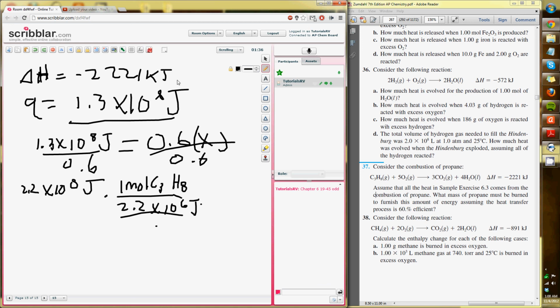So from this, you can obtain the grams of propane.